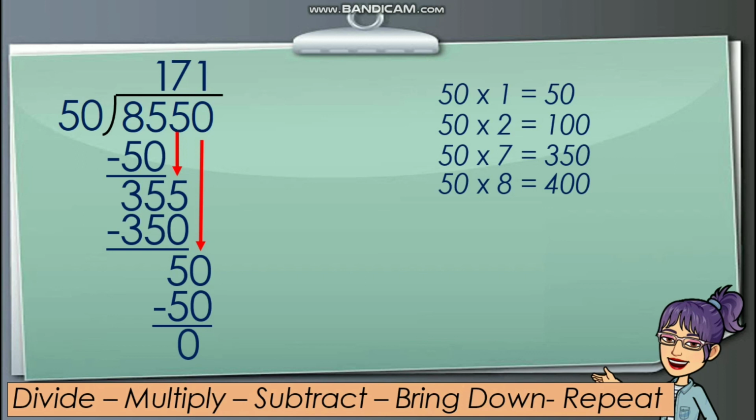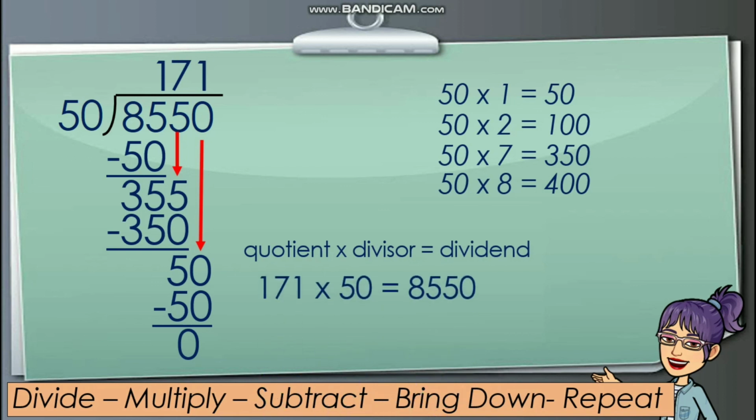So don't forget to check your answer if it is correct. Multiply the quotient and the divisor, and the answer should be the number in the dividend. So we have 171 times 50 is equal to 8,550. It means our answer is correct.